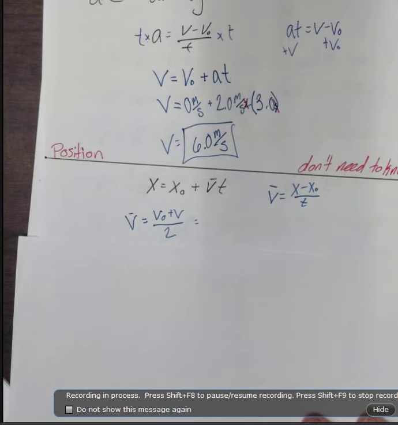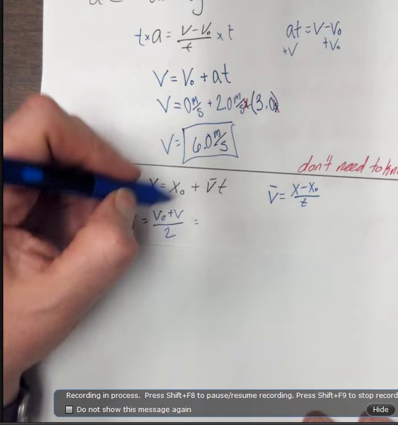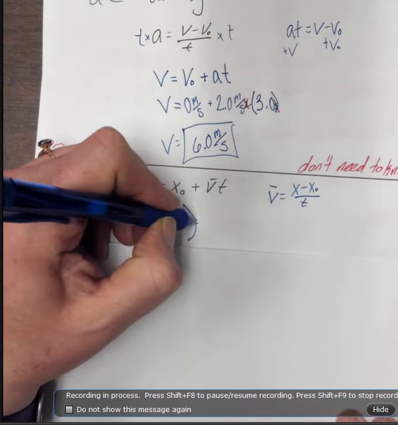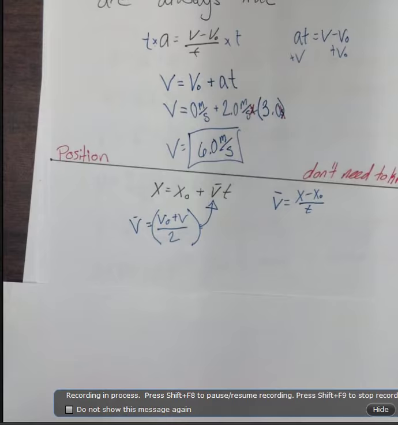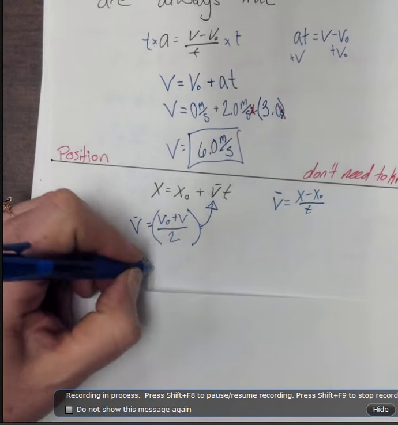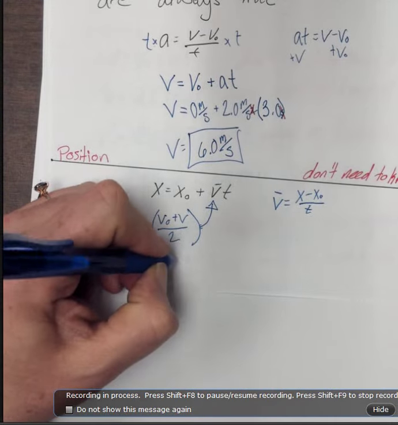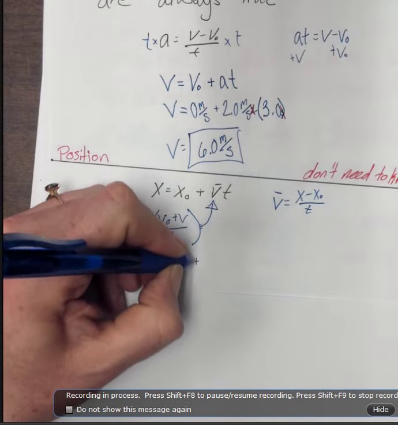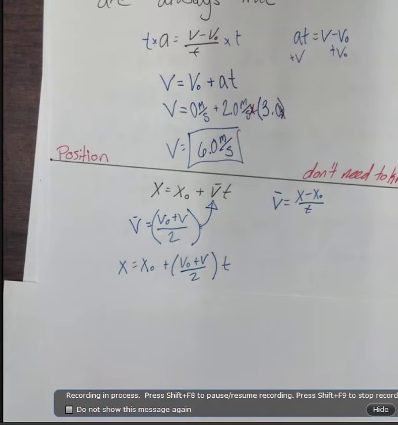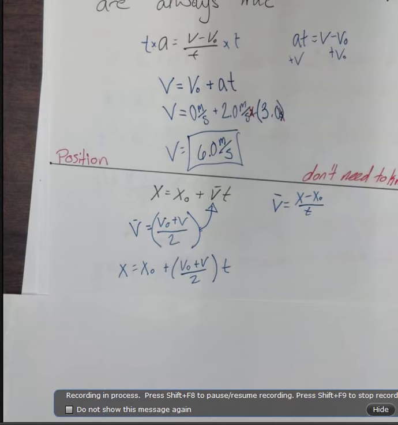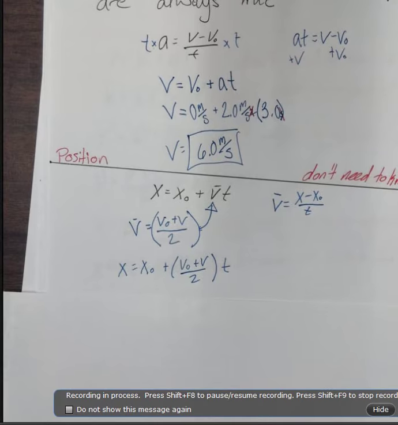So that means I could actually take this and plug it in up here, and if I do that, then x equals x naught plus v naught plus v over 2 times time. So now I have an initial and a final velocity, and I can manipulate this equation.